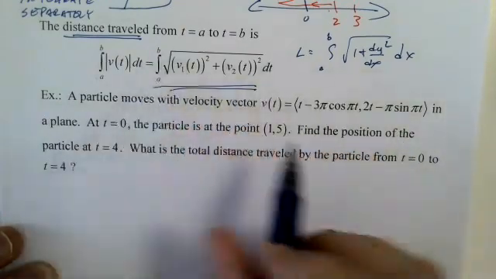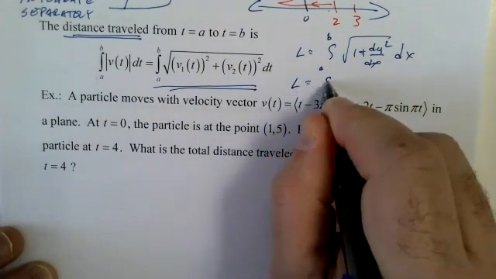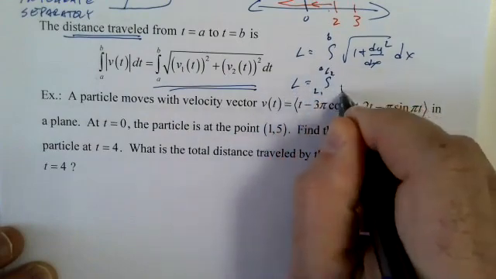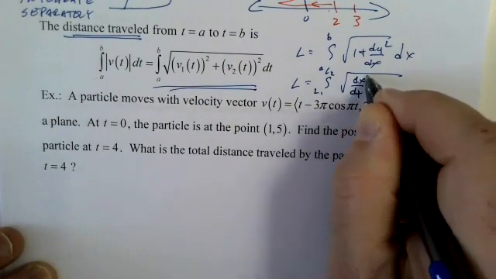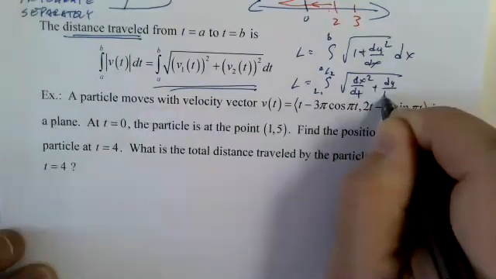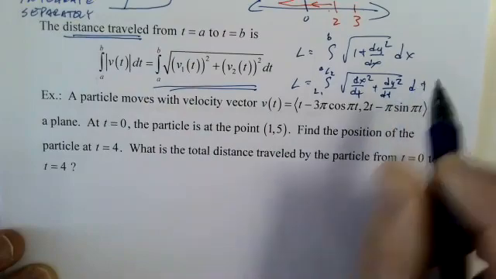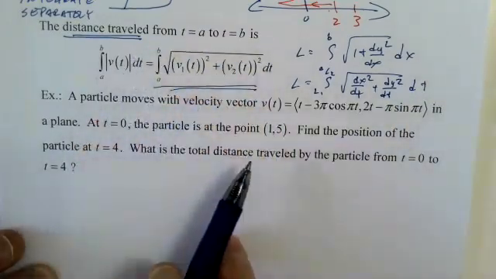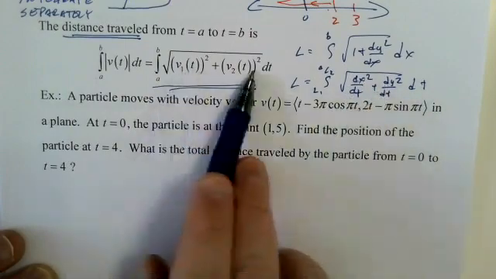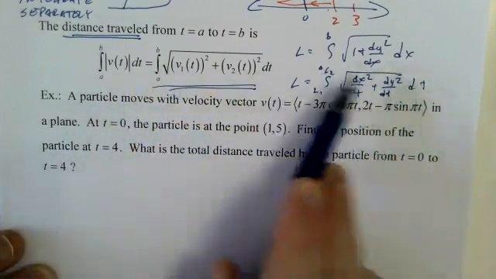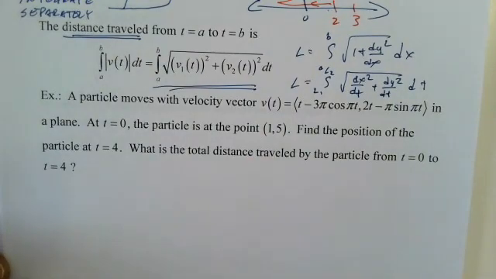Parametric was this one, where the length of the curve is from some t1 to t2, of the square root of dx dt squared plus dy dt squared. This is more or less the same thing. Integral of velocity, velocity is dx dt, dy dt. So if you can remember this, you should be able to remember that.